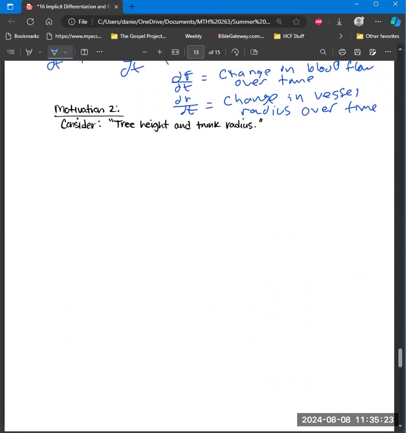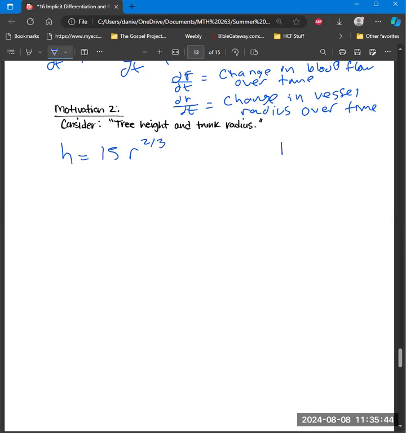But let's consider another type of problem here where we have a tree that's growing, and as the tree is growing vertically, the radius of the tree is also growing, and there's this relationship where h is equal to 15 r to the 2/3 that we've just discovered.